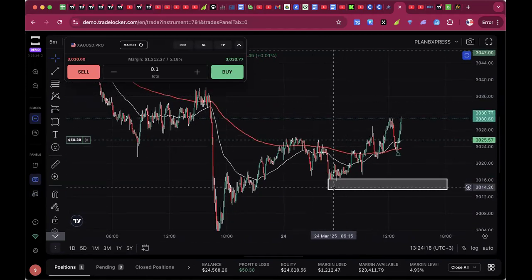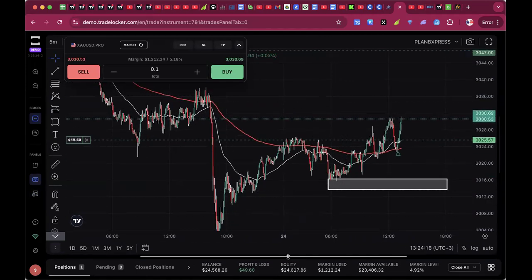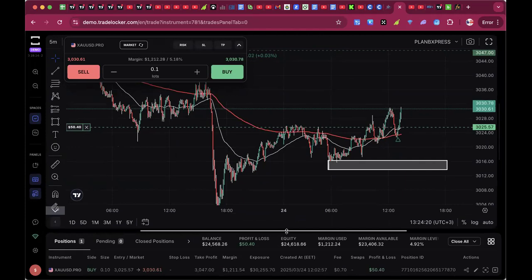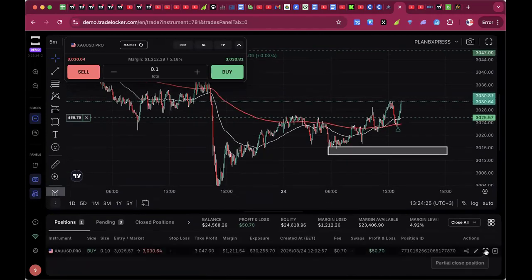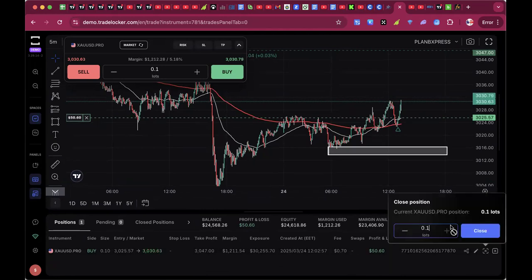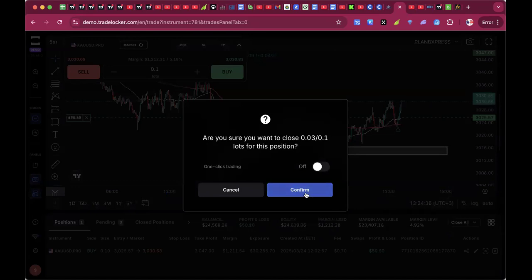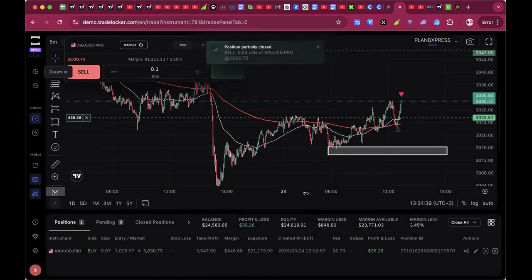For instance, here, see what you do now. What I like about this, guys, is you can take what is called partial profit. So we'll now see 0.03. Can you see? So 0.03. Some had been taken, right?